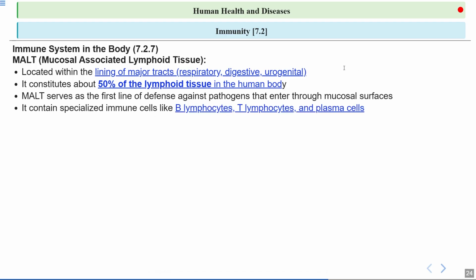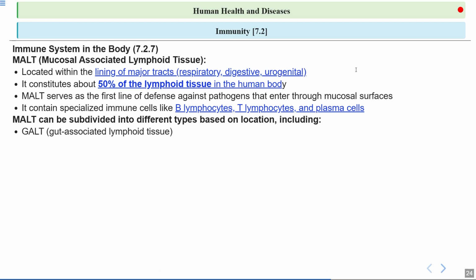Within MALT, specialized immune cells like B lymphocytes, T lymphocytes, and plasma cells are highly concentrated to defend against pathogens. MALT can be further divided into different types based on where it's located in the body. This helps us understand how the immune system customizes its defenses for different environments.